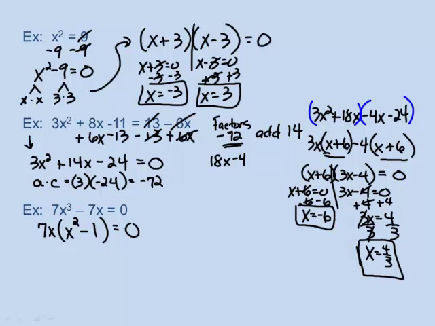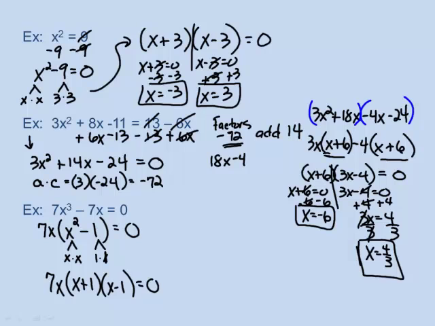And don't stop there, because notice that now in your group you can factor further, because this is the difference of perfect squares. So now we've got 7x times x plus 1, x minus 1 equals 0.